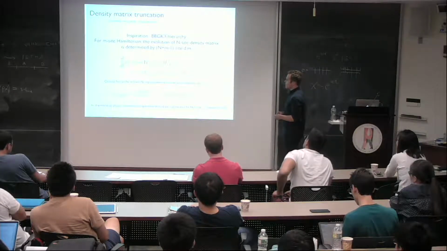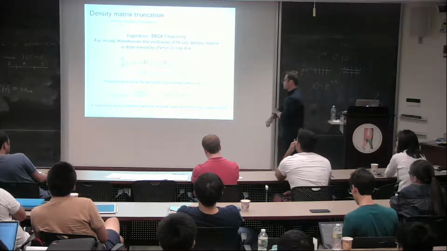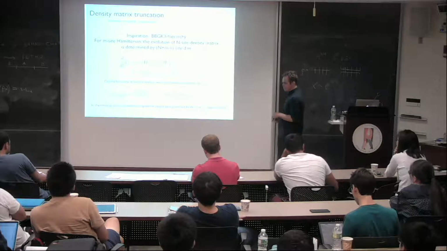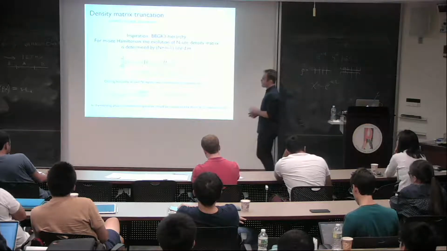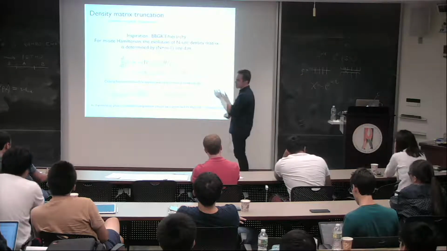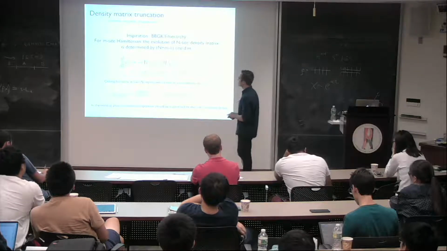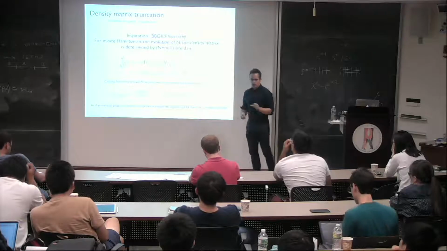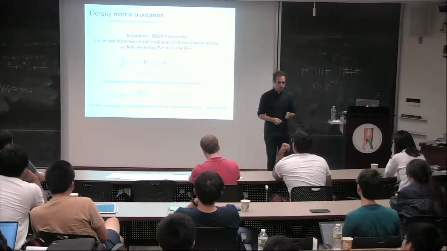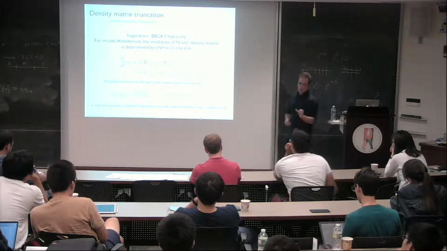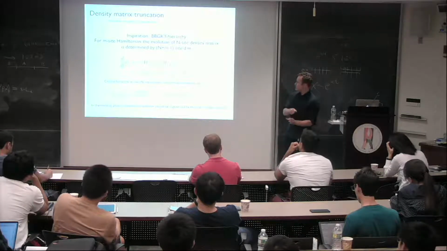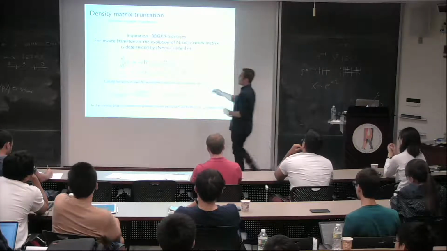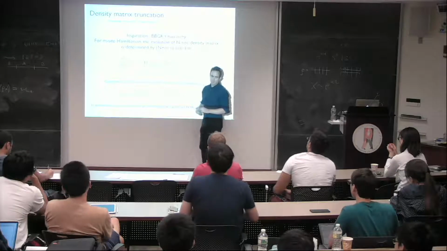BBGKY hierarchy. So here's how the BBGKY hierarchy works. Imagine you have a Hamiltonian which is local, so maybe it only affects m sites at a time. Then it's pretty easy to show that if you want to keep track of the time evolution of an n-site density matrix, you only actually need to know the density matrix which has m minus 1 more sites.